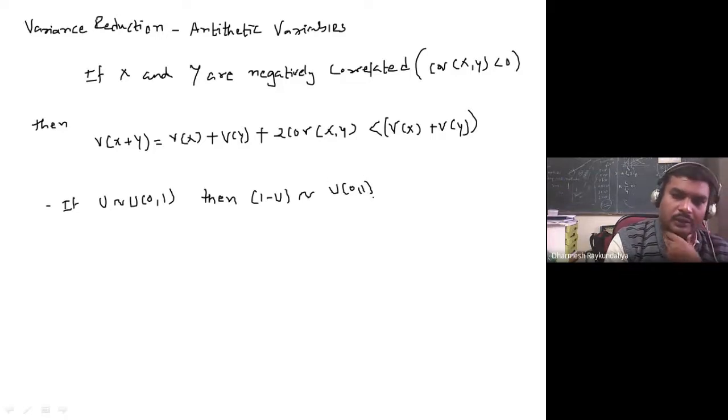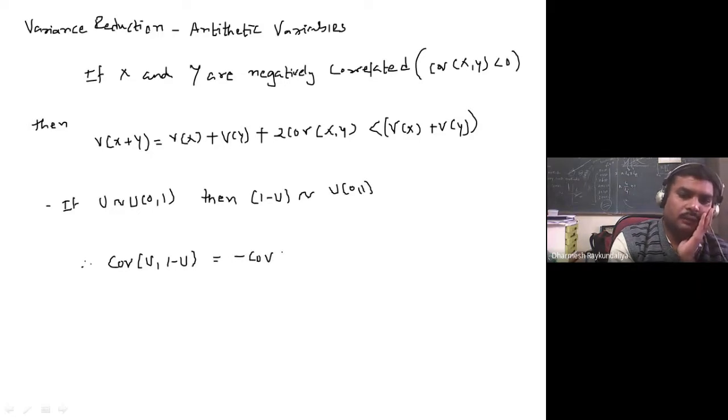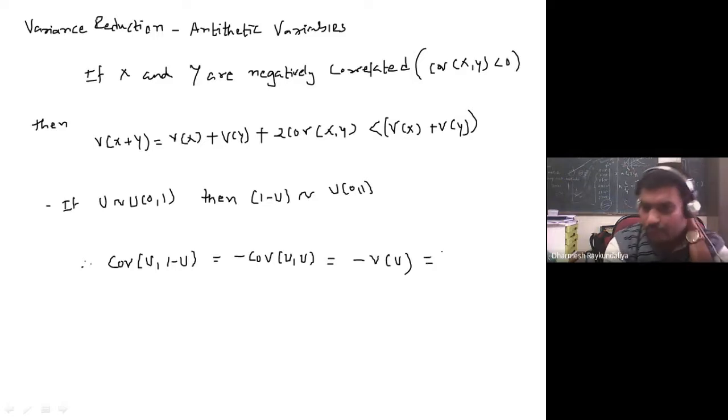So now what is the covariance? Therefore, covariance between U and 1 minus U. What is that? It is minus covariance of U comma U, and it is nothing but minus variance of U. And what is the variance of standard uniform?